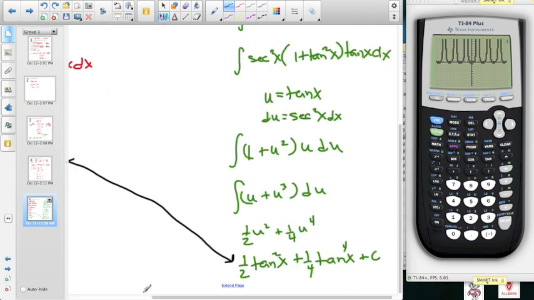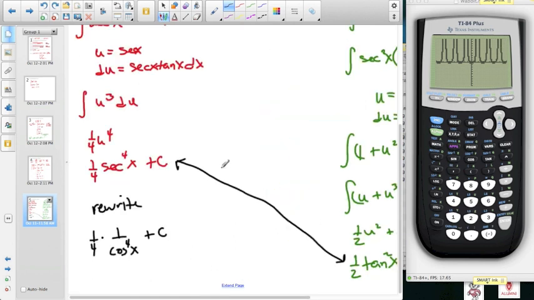So they're one and the same, even though they look very different. They are mathematically equivalent, which means there's 2 right answers, which is kind of nice.